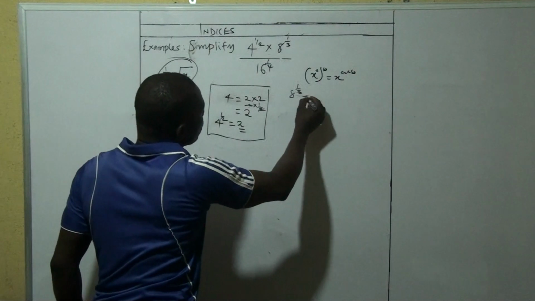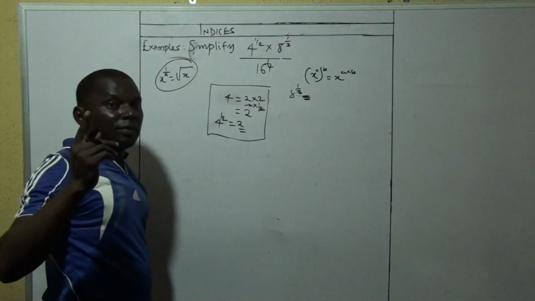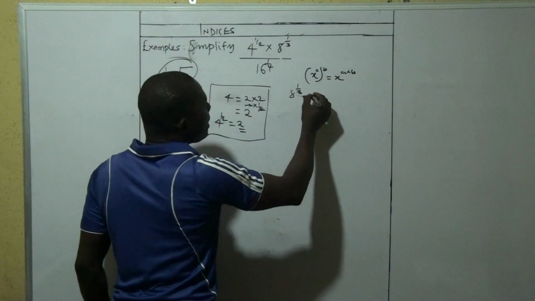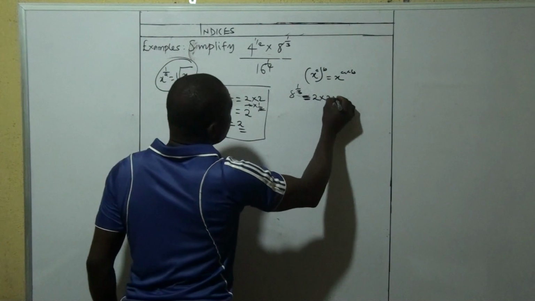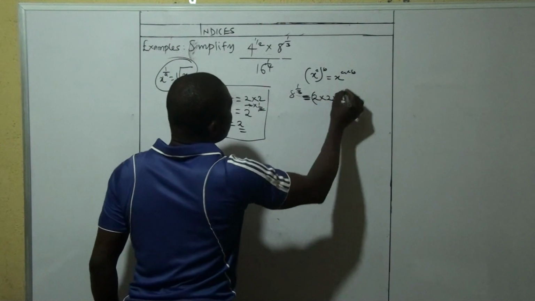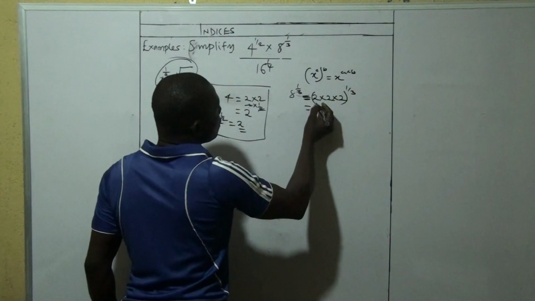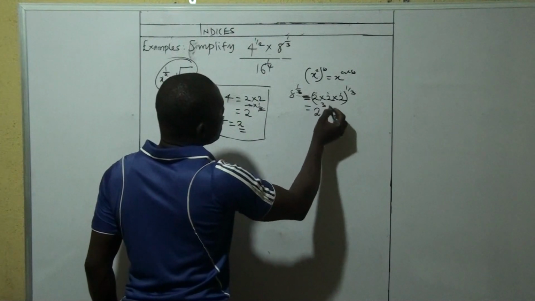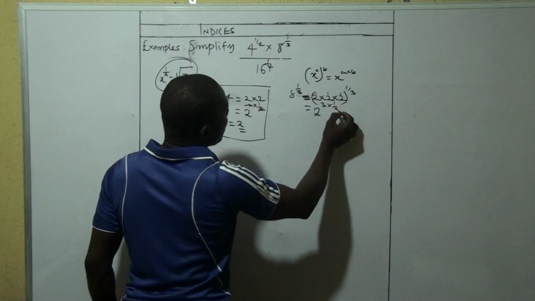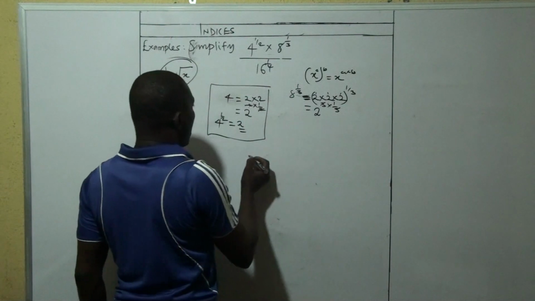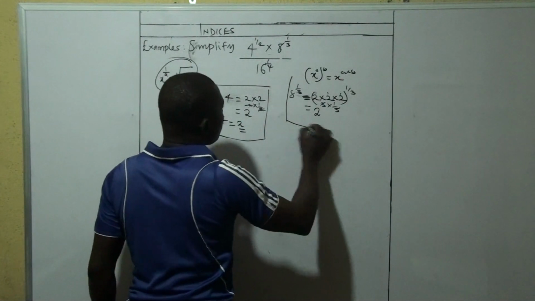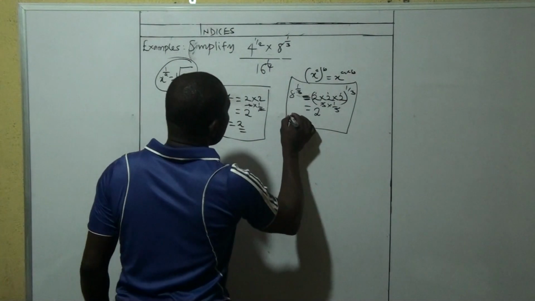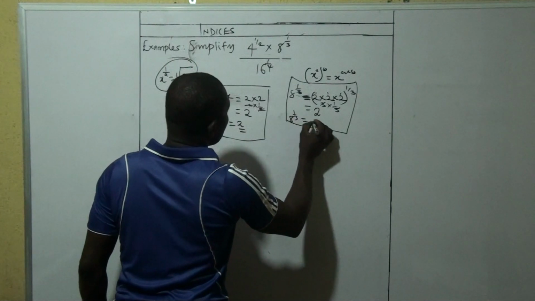It means 2 will multiply itself 3 times: 2 times 2 times 2, everything raised to power 1/3. So it means 2 raised to power 3 times 1/3. This will go with this, and our answer here becomes 2. So 8 raised to power 1/3 is equal to 2.